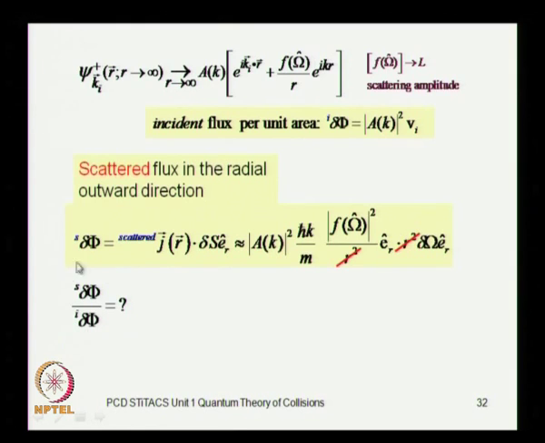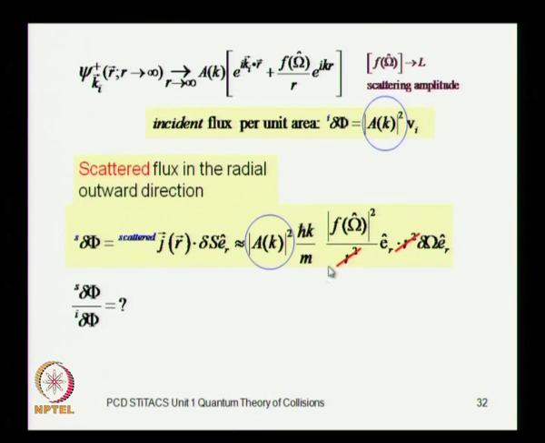So, what is the value of this ratio? You have got both the terms, you have got the incident flux is this, the scattered flux is this. So, you just have to divide the right hand side of this by the right hand side of this. Modulus A square is common in both. When you take the ratio, that will go off.